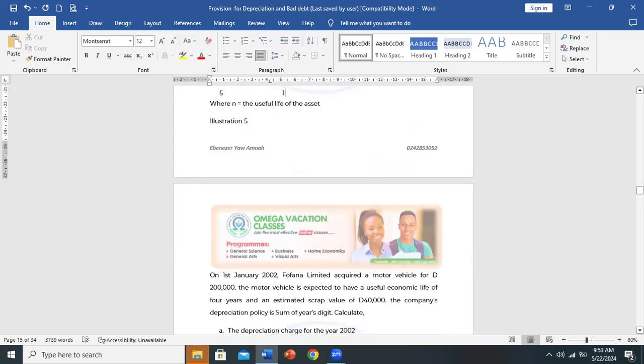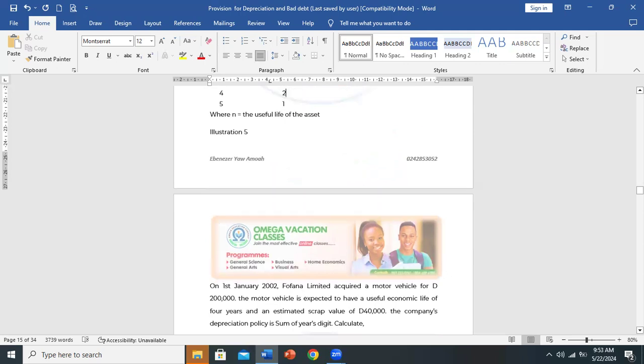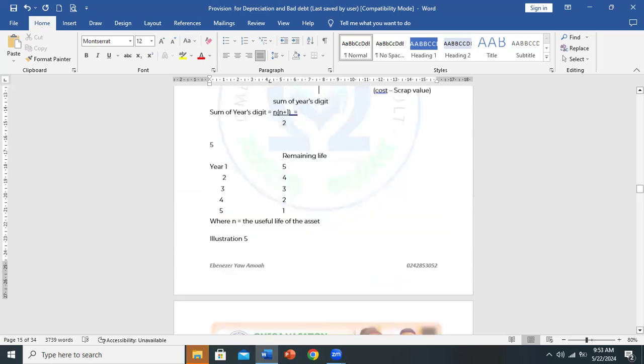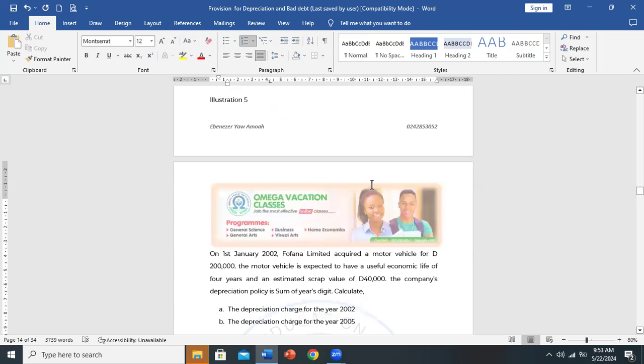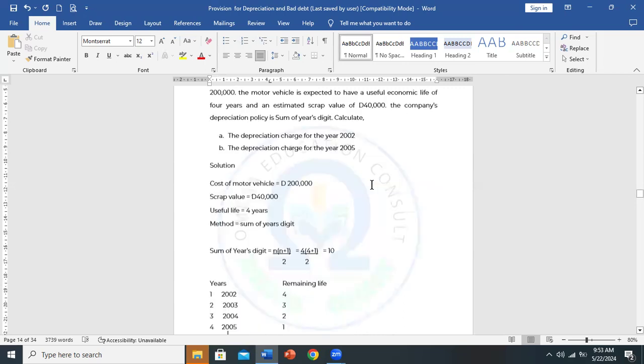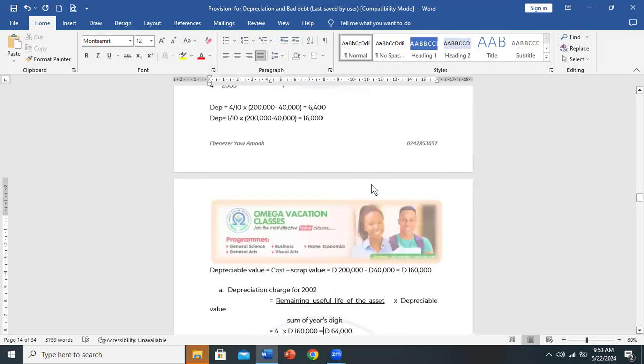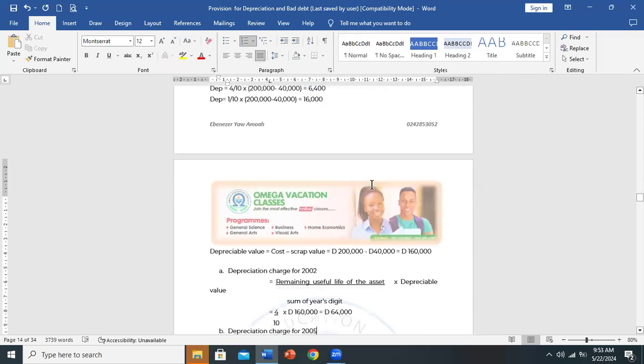I think I've shared the notes on the page, so you can always refer to the formula. So the remaining life divided by the sum of years multiplied by the depreciable value. Okay. So we won't stress much on this sum of years digits. However, if you have any question, please feel free and ask me.